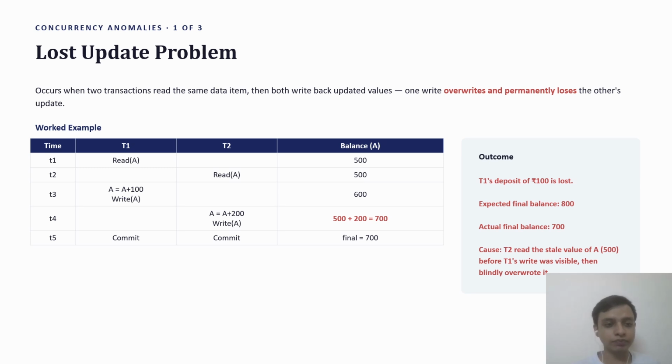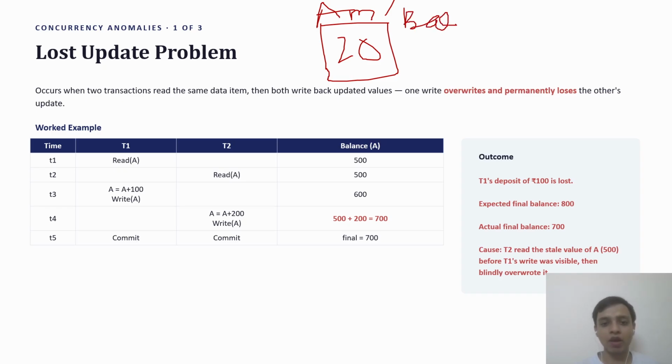For example, the lost update problem is this: I have a paper. I'm giving you a very layman's example. I wrote here 20. This paper suggests my amount in the account, my balance, BAL.